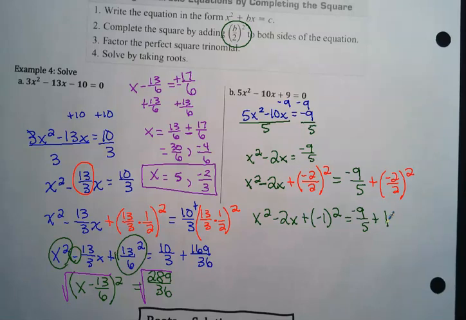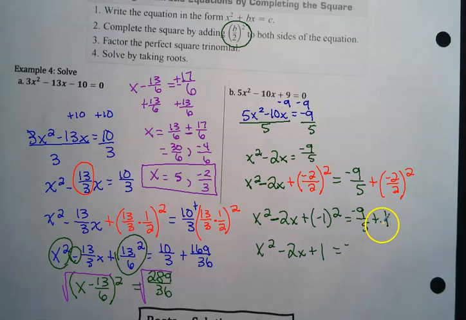Okay, so then on this one, and this is where it gets tricky, because we can't really have a negative here because we already have this negative. So negative 1 squared is a positive 1. Think this through with me. So we have x squared minus 2x. Negative 1 squared is a positive 1. So when we take the square root of it, it's going to give us a positive 1.